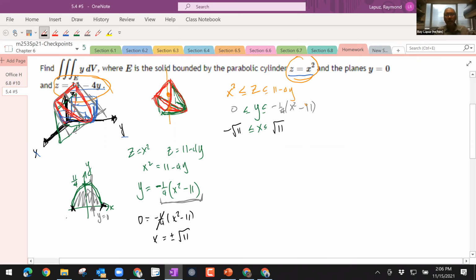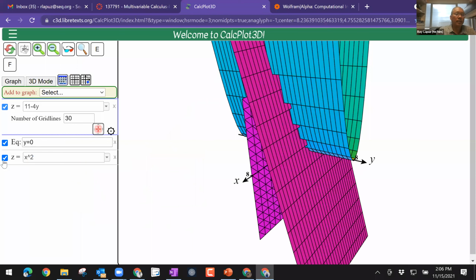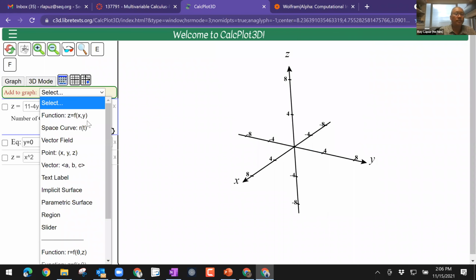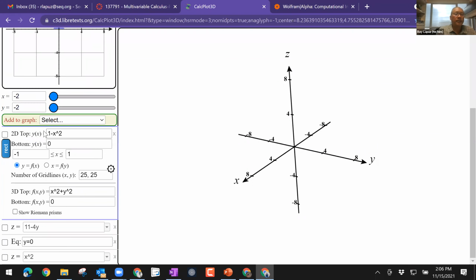All right. So now that we have that, let's see if we can use this information to create our region. And this is another good way to double check that what you're doing is actually correct. So I'm going to unclick all this and take a look at our region. And our region starts off on the XY plane with the limits for y.